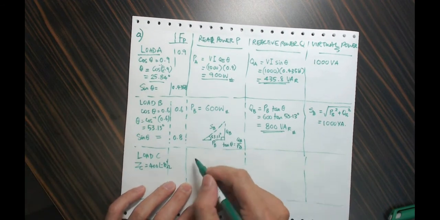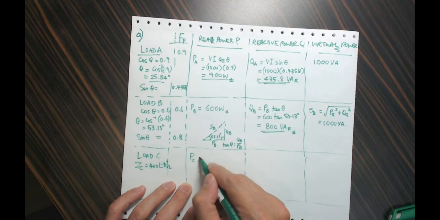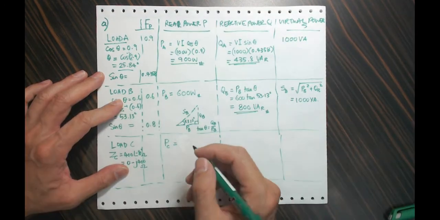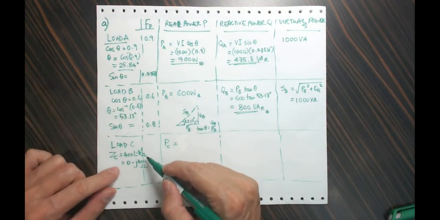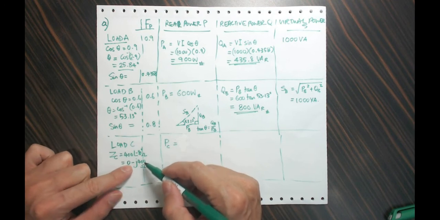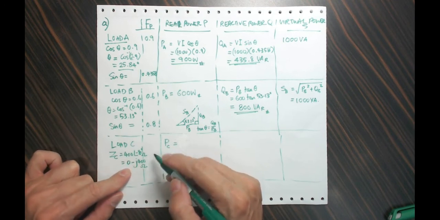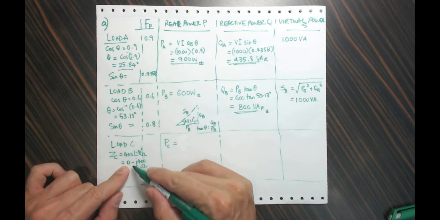If I want to find the real power of load C, I can look at the rectangular version of this, which means that R is 0.